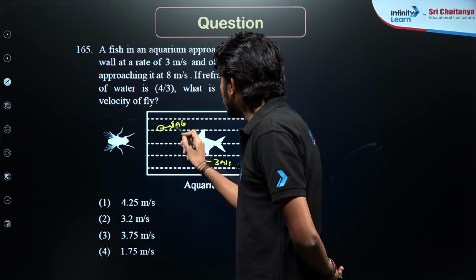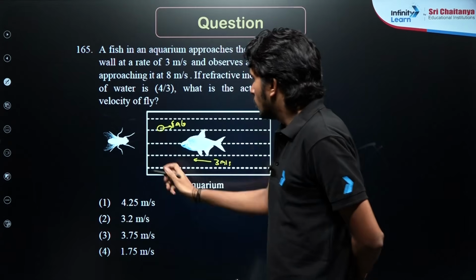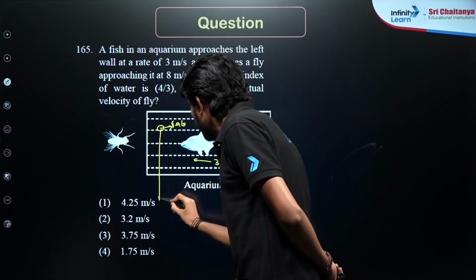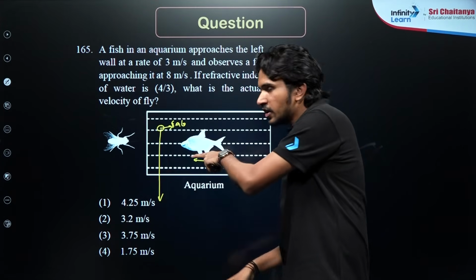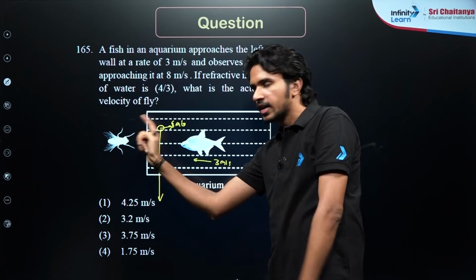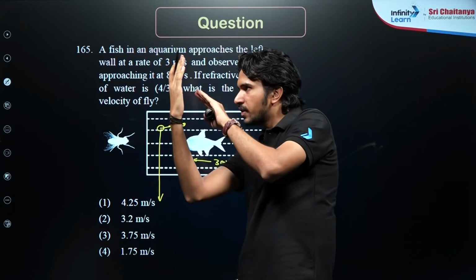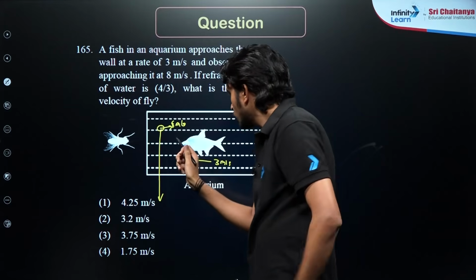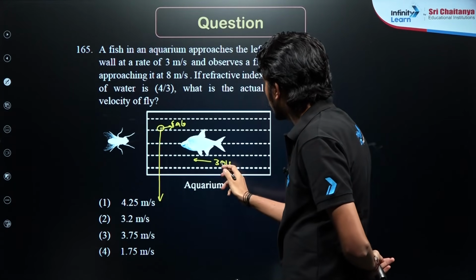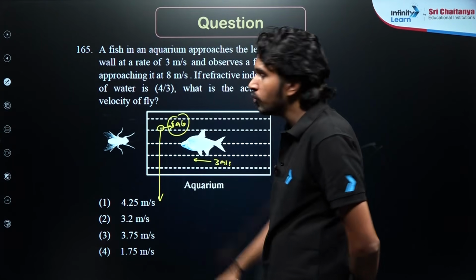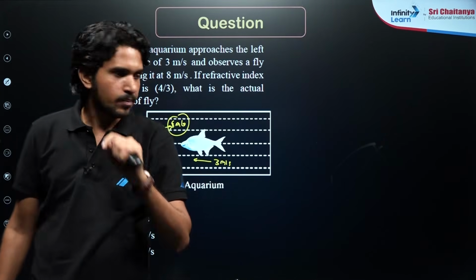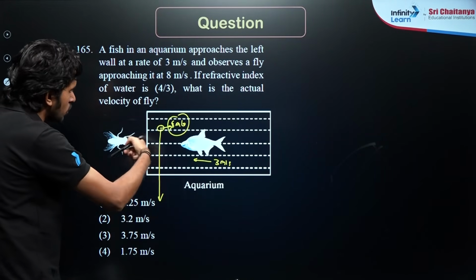So what is the speed of the image? Because this fish can see the image, not the fly, right? Because the medium has changed. Now the fish is just seeing the image. So the image is moving with, so that 8 meter per second is relative velocity.